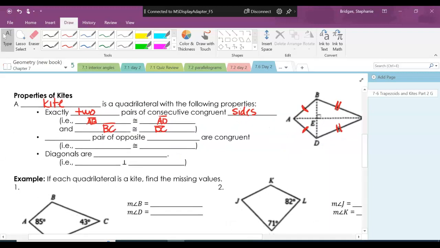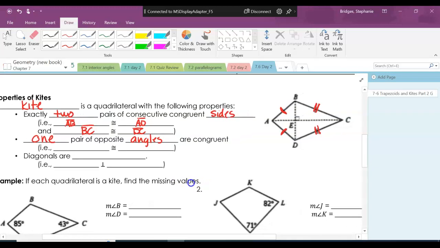And then the next one, we have one pair of opposite angles that are congruent. They are the angles that are in between a short side and a long side. So look at the top of your picture. What letter is at the top?